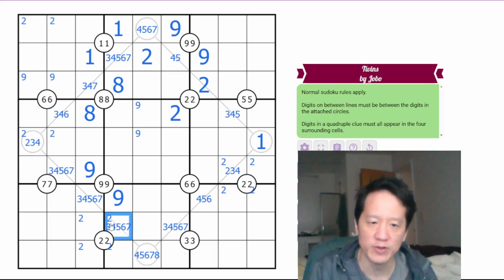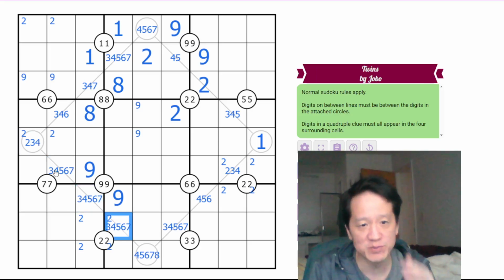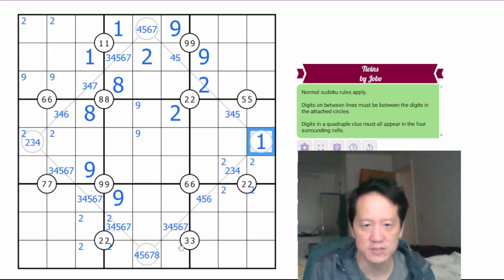Well, this can never be a 2, because 2 has to be between 1 and something else, and this can't be 1, right? Because this is always a 1. This has to be greater than it, so this can't be 1, and this can't be 1 because of that one. So this can never be 2, which makes this a 2, which means this can't be 2 here, which makes that a 2.